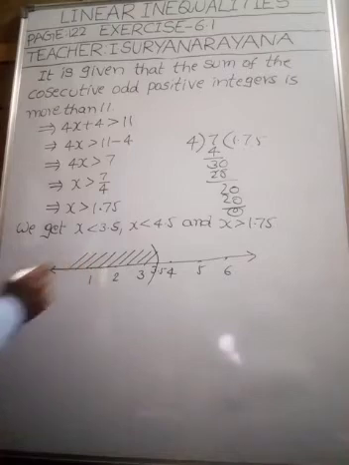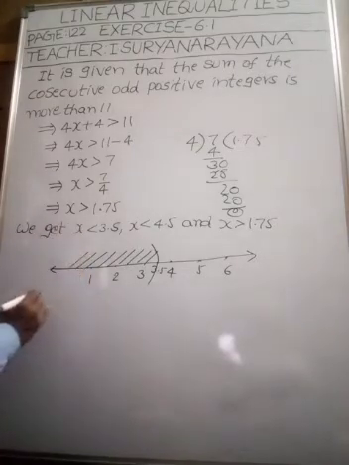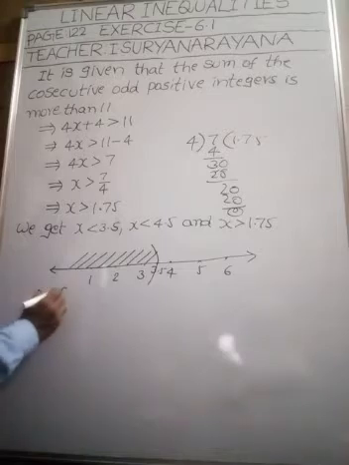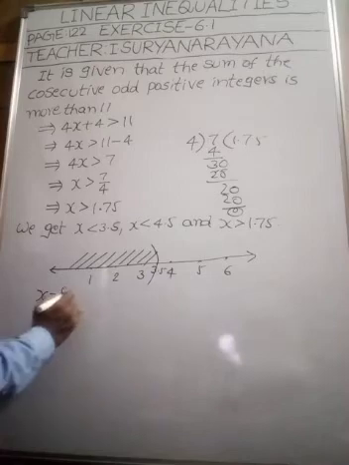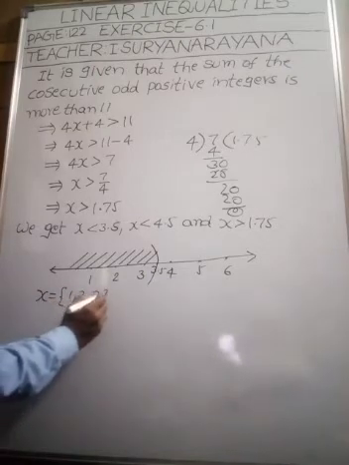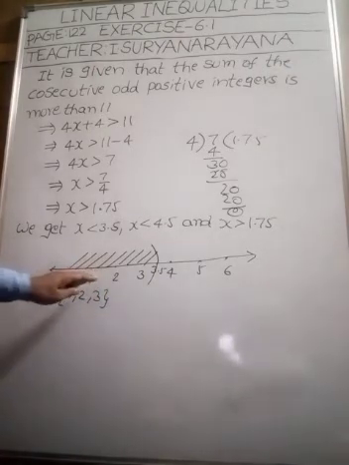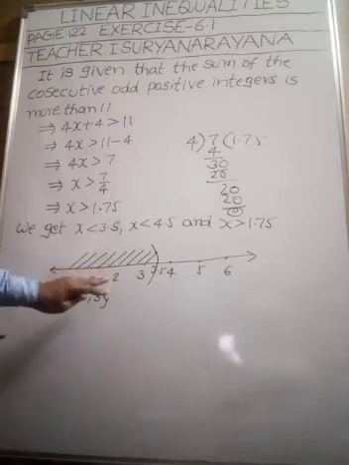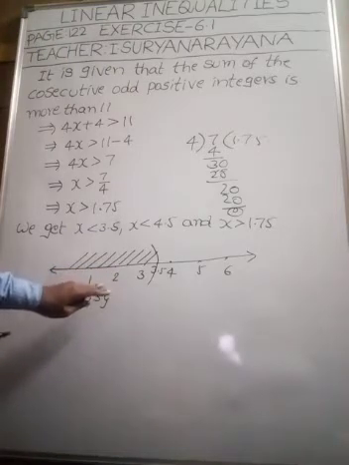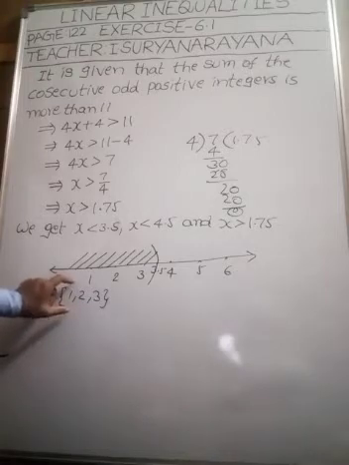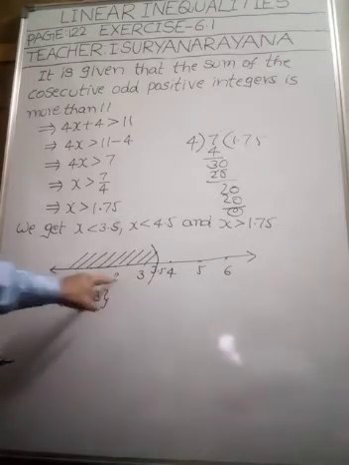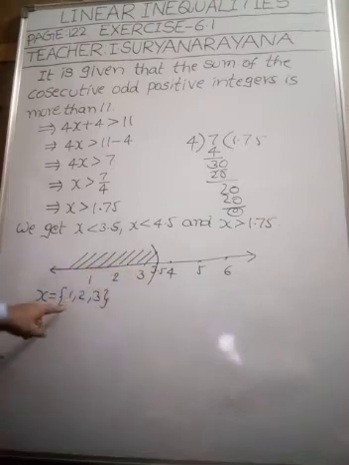Isn't it, my children? Right. So x is equal to, what do we get here? Only 1, 2, 3, because we take only positive integers. Understood, my children? We are not taking real numbers, so we don't write it in interval form. Only positive integers less than 3.5. What are the numbers? 1, 2, 3.